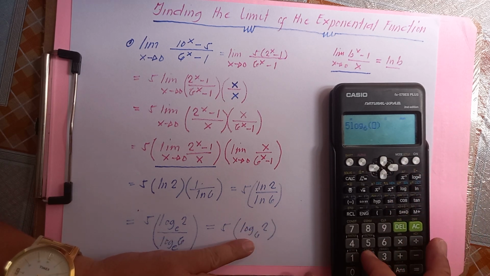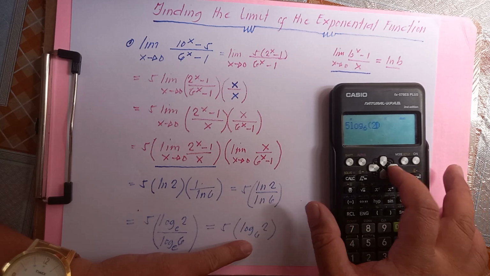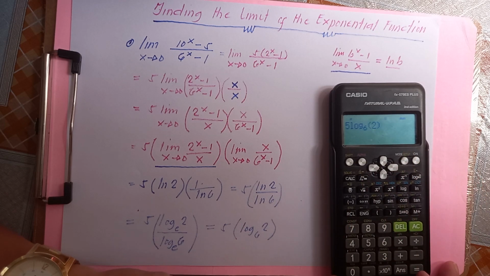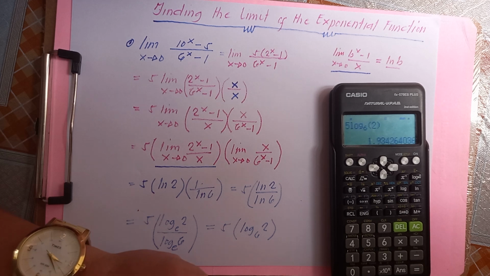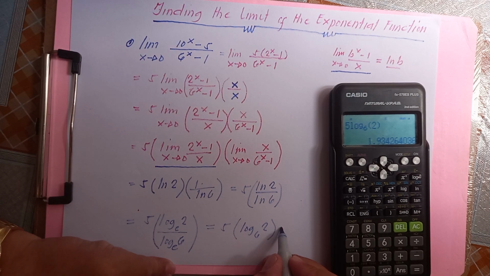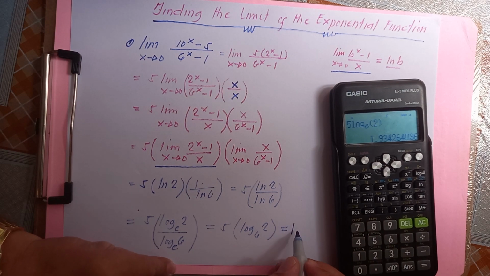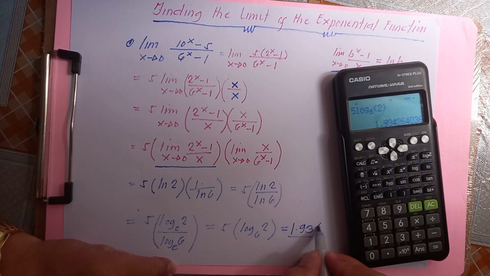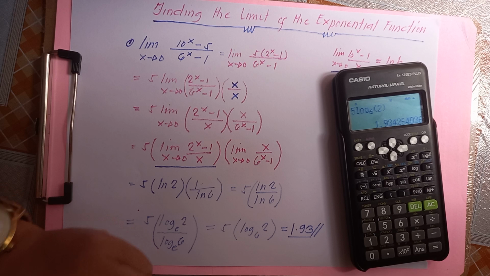So we have the statement 5 log of 2 with the base 6 is the same as 1.93. So the result of this one is 1.93, and so that is the final.